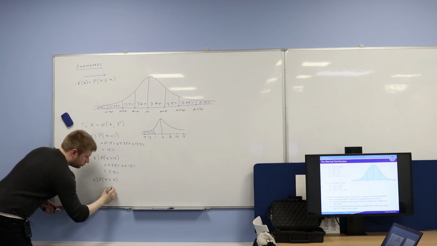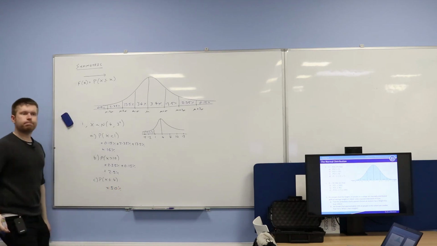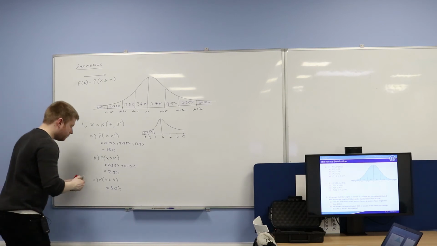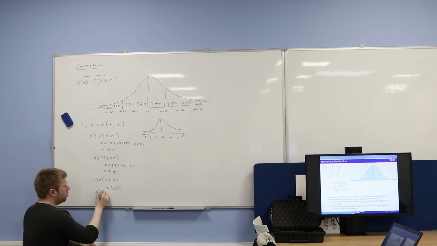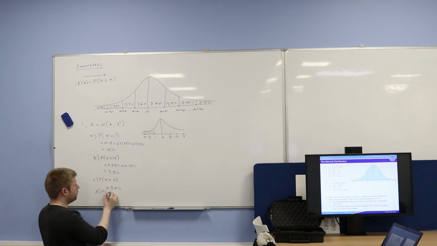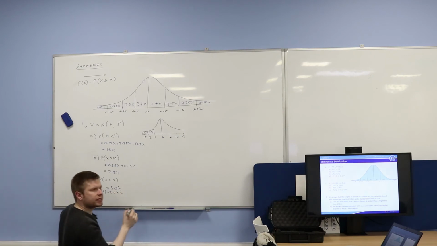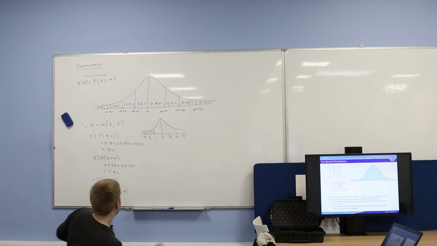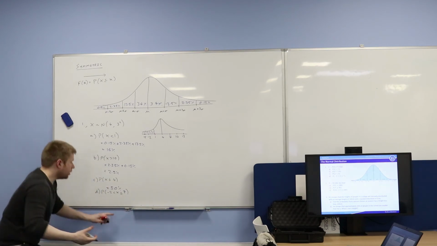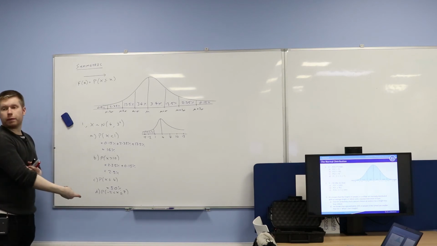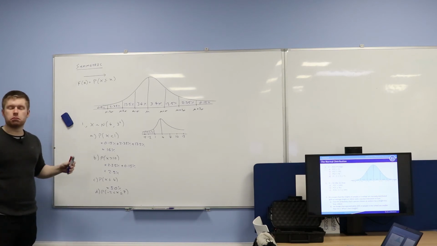And then finally, look at part D. You're looking for the probability that a value falls between -2 and 7. And you've got less than or equal to on that side. Now notice in this case, one of them's less than, one of them's less than or equal to. For a discrete distribution, that would matter. For a continuous distribution, it doesn't matter.